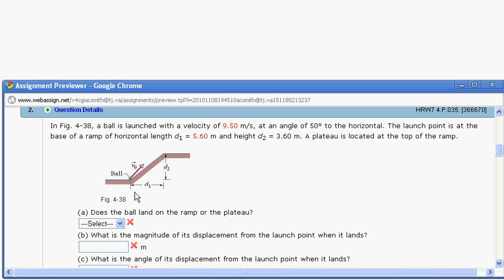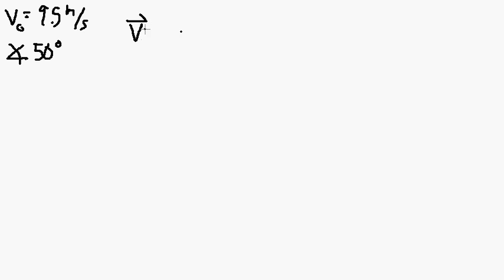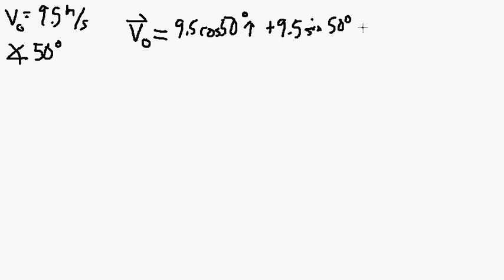So what I want to do first is I'm just going to break the velocity down into components. So 9.5 at 50 degrees. V naught equals 9.5 meters per second. The angle is 50 degrees. So let's do velocity naught. That vector V naught is 9.5 cosine 50 degrees times i hat plus 9.5 sine 50 degrees times j hat.